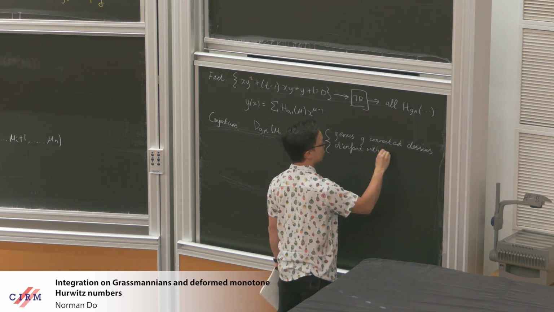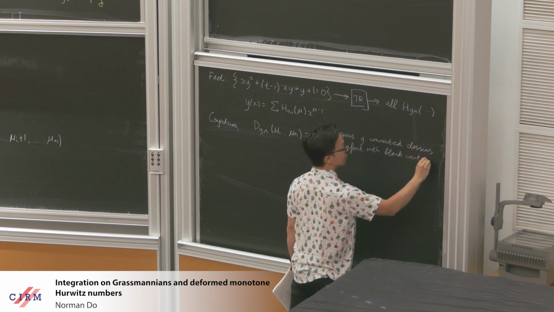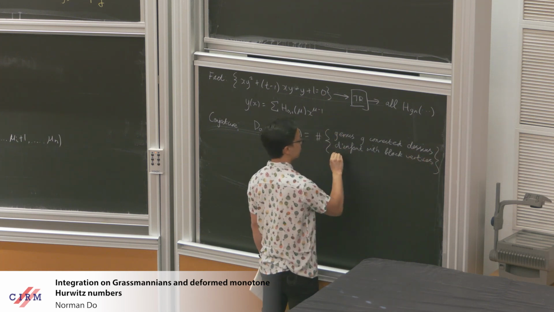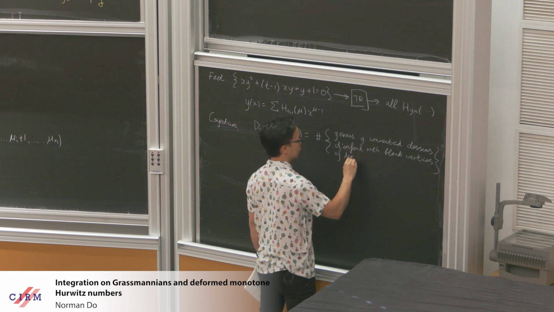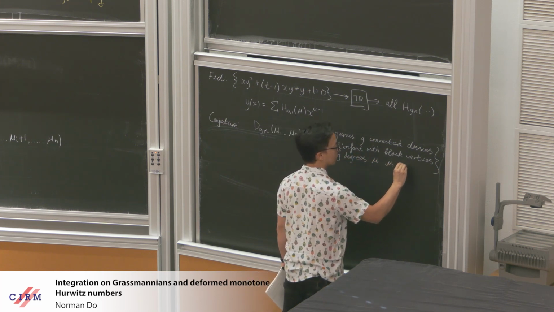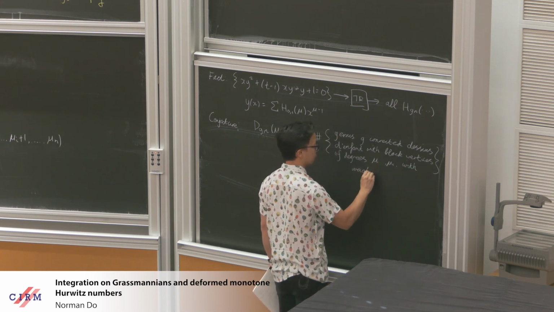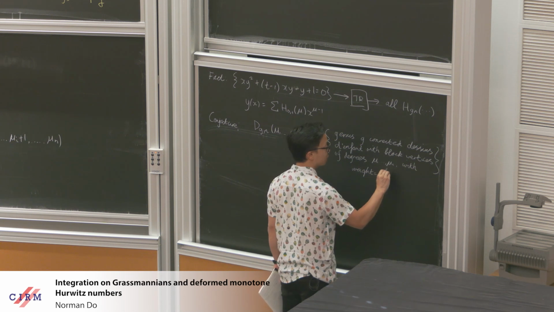where the vertices are colored black or white, with black vertices of degrees given by the mu's, with weight t to the number of white vertices.